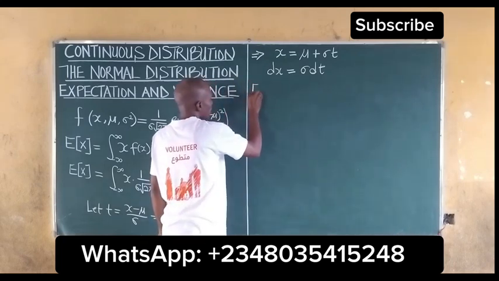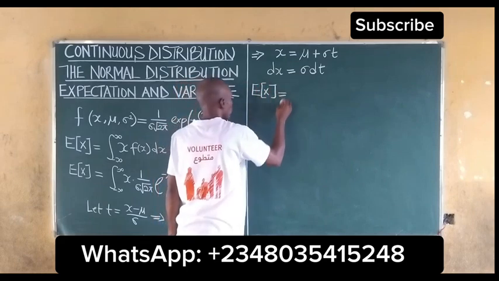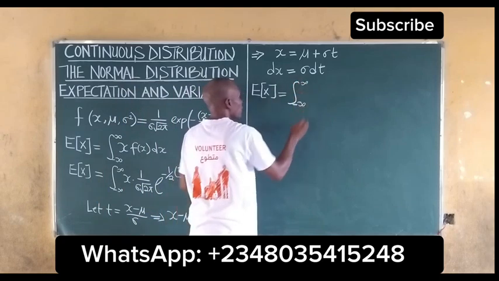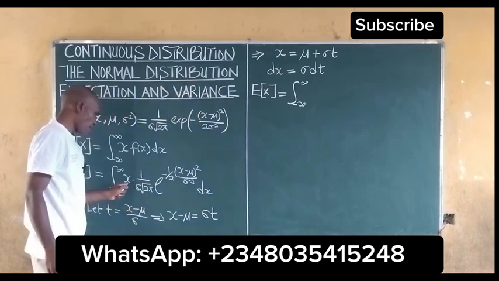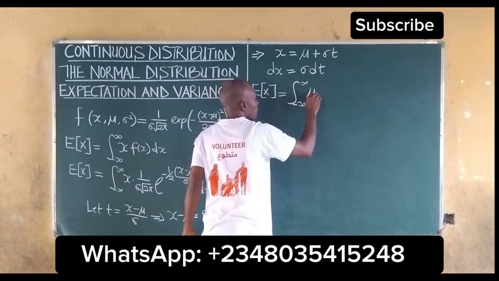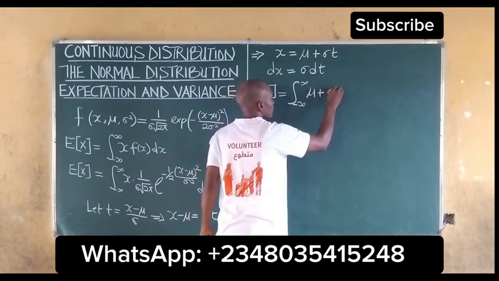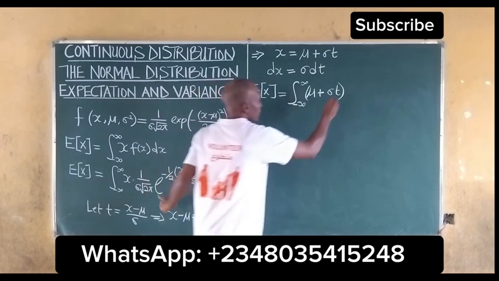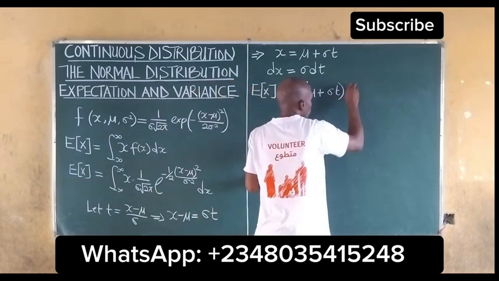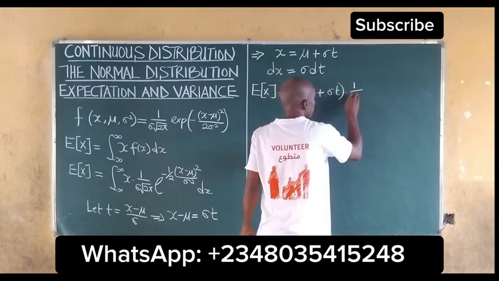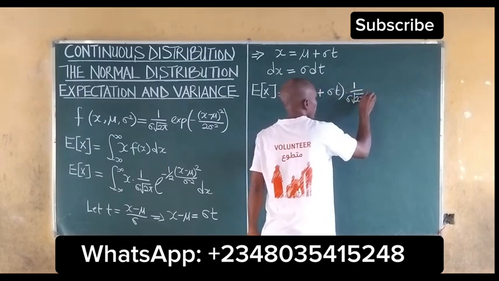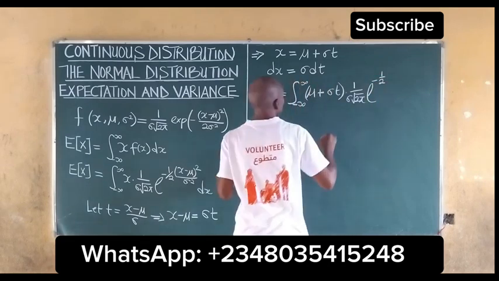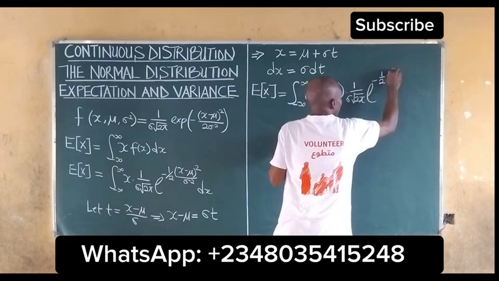It then means that our expected value of x will be equal to the integral from negative infinity to infinity of our x, which is mu plus sigma t, multiplied by 1 all over sigma square root of 2 pi, exponential negative 1 all over 2, then we have the whole of this as t squared.